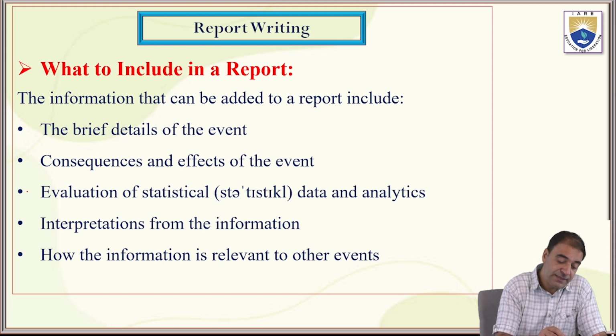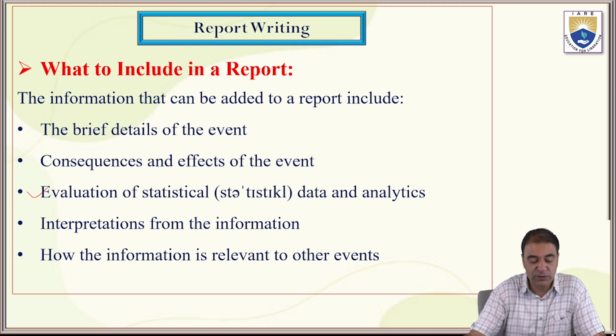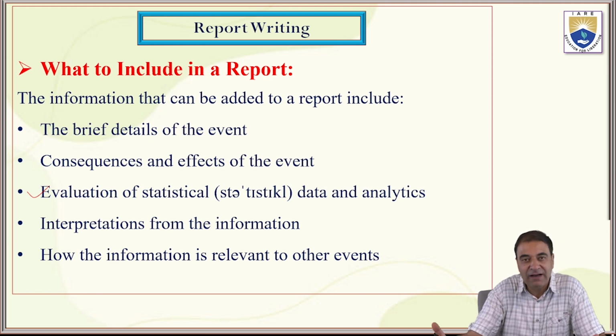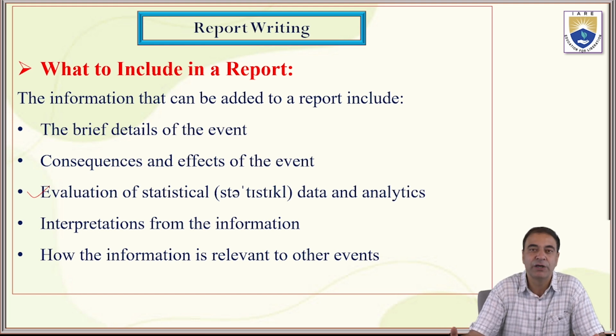And the next one is the evaluation of statistical data and analytics. In a report, we do the evaluation so as to make it more believable, more authentic, more objective, more unbiased.